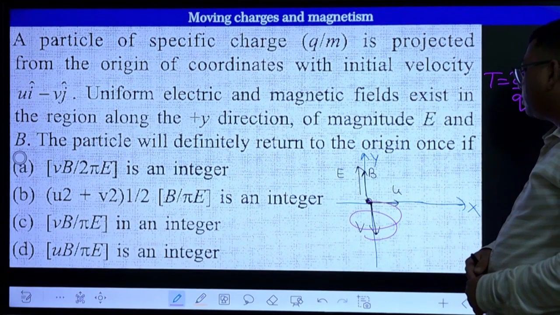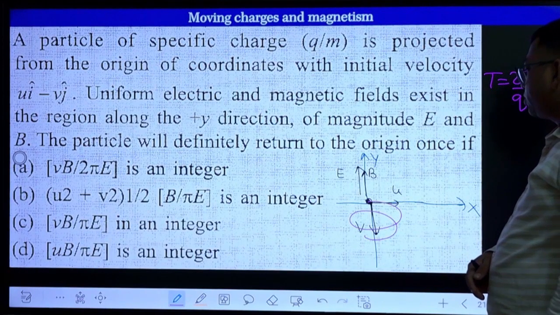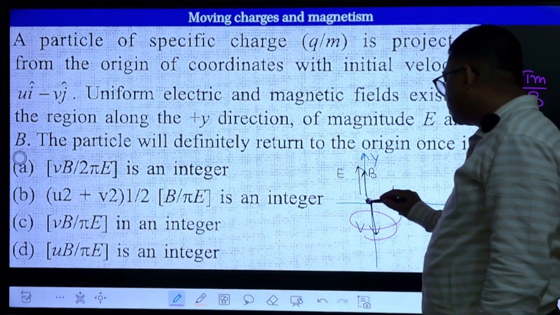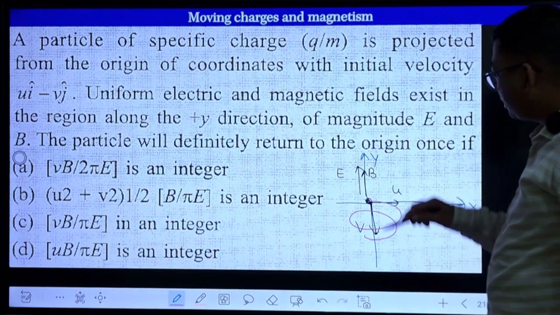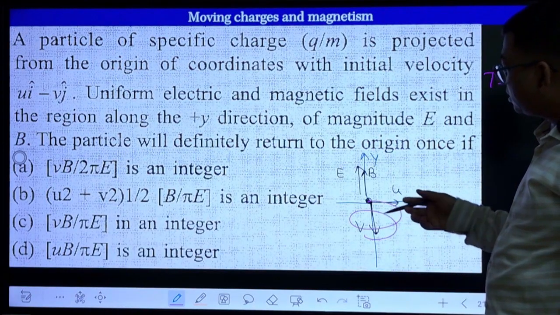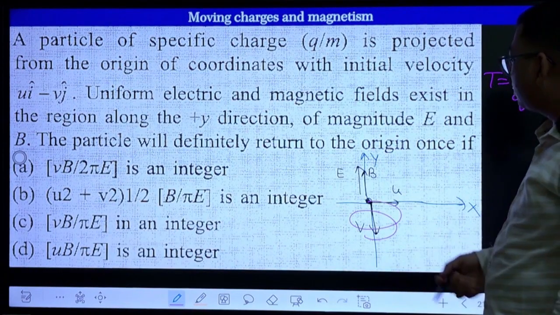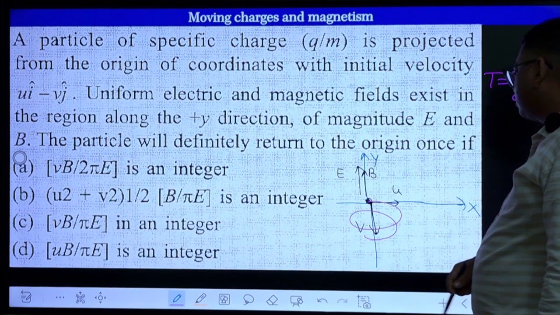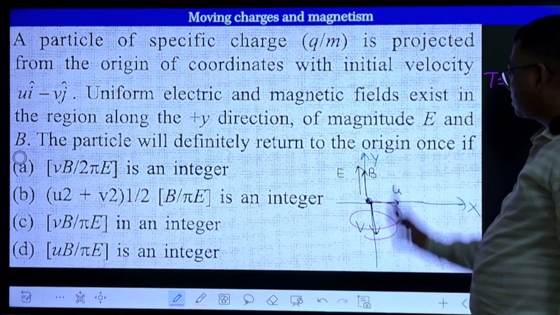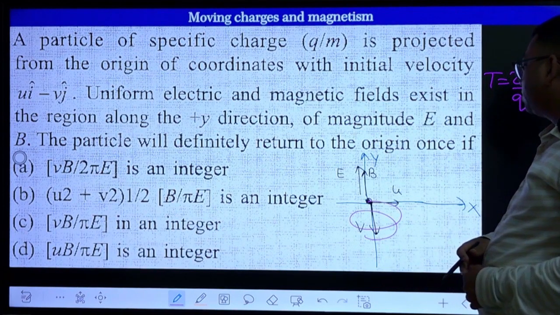But what will be the pitch? Suppose it goes one cycle. As the speed decreases, the pitch will be decreasing.